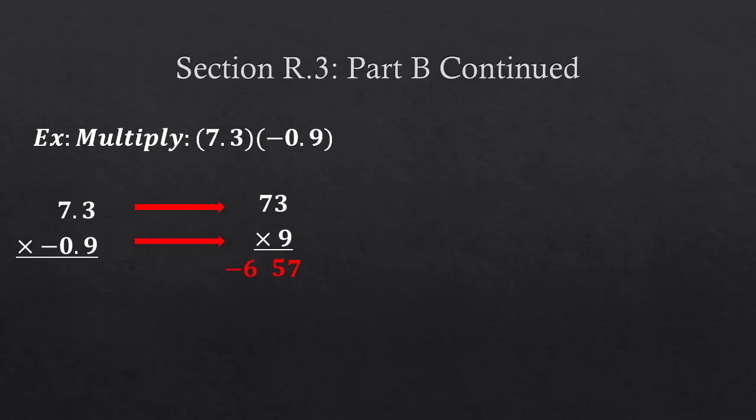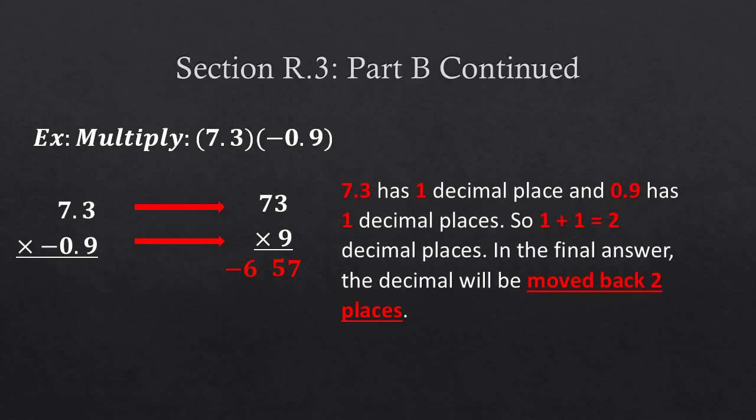Remember, it was a negative 9, so therefore the answer was going to be negative. 7.3 had 1 decimal place, and 0.9 had 1 decimal place. So 1 plus 1 equals 2 places. In the final answer, the decimal will be moved back 2 places. So therefore, the decimal belongs between the 6 and the 5, giving us a final answer of negative 6.57.